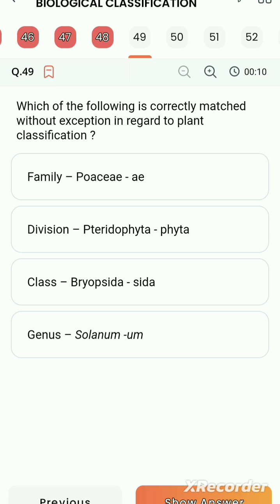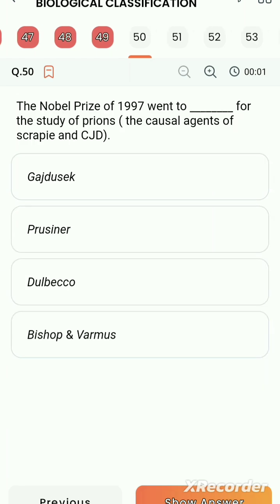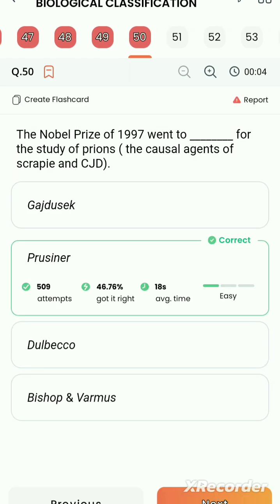That is family Poaceae, right? In family it ends with AE. Nobel Prize of 1997 went to Prusiner for the study of prions. So he was the one who studied the prions.